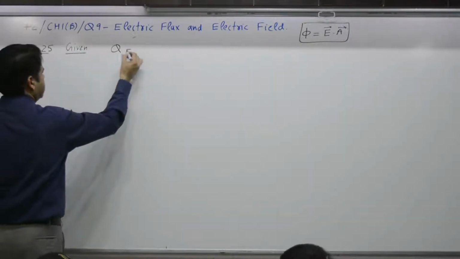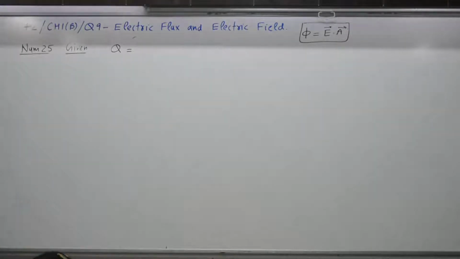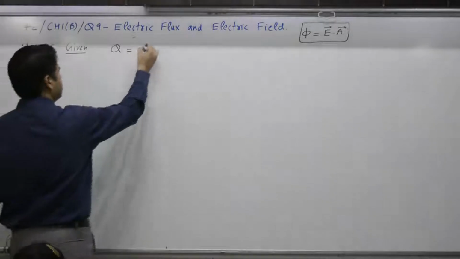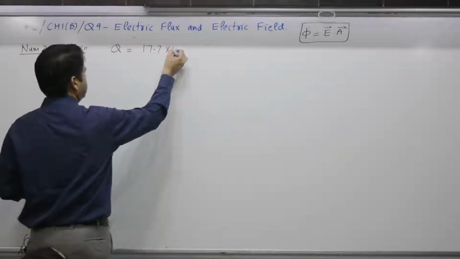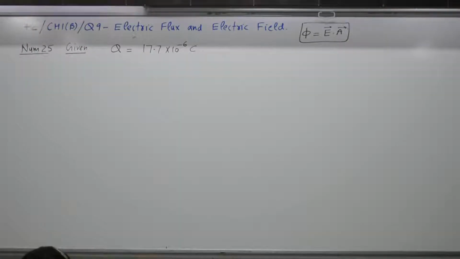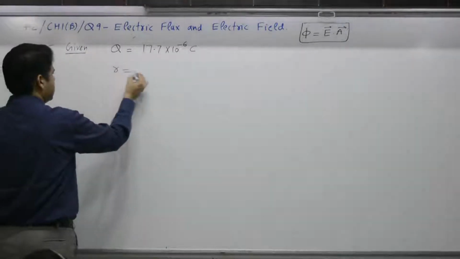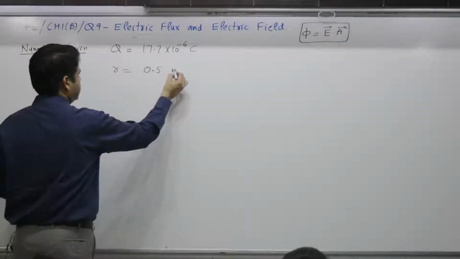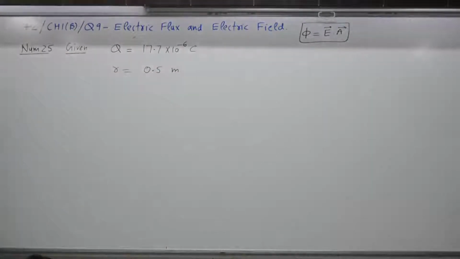Charge is how much? 17.7 microcoulomb, 17.7 into 10 raised to the power minus 6 coulomb, at the center of a hollow sphere of radius r, 0.5 meters.